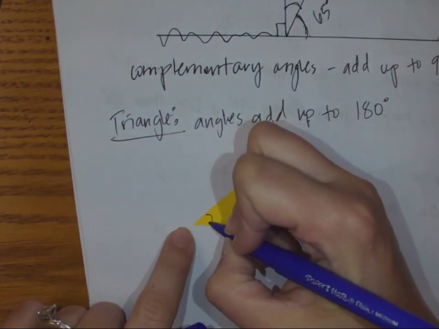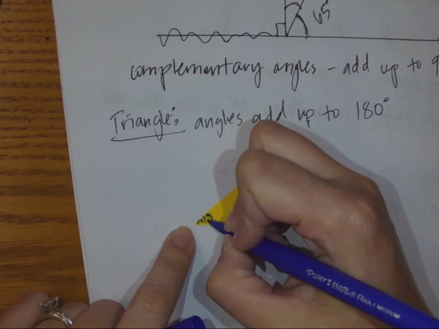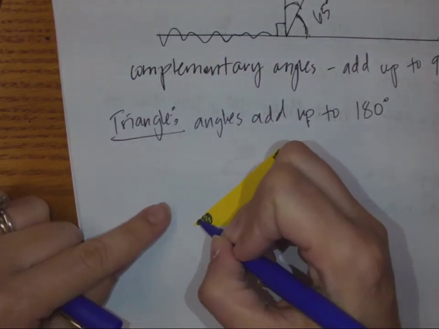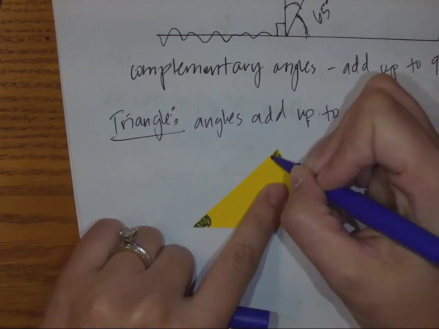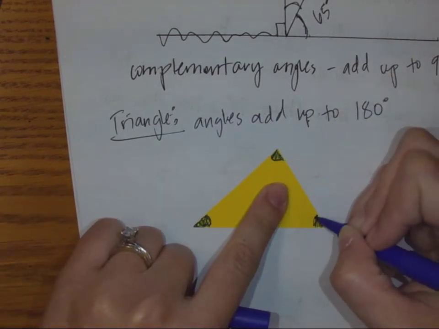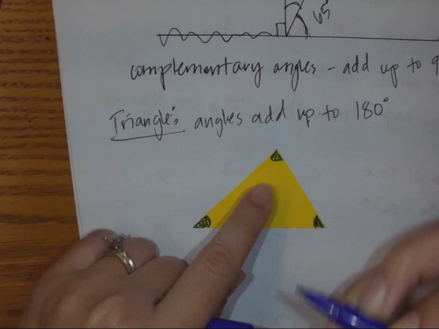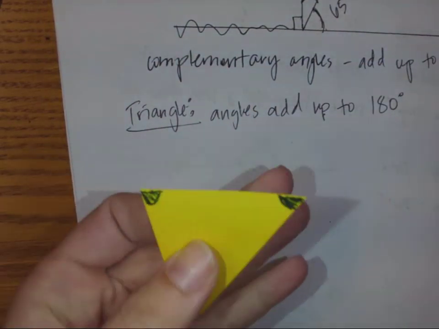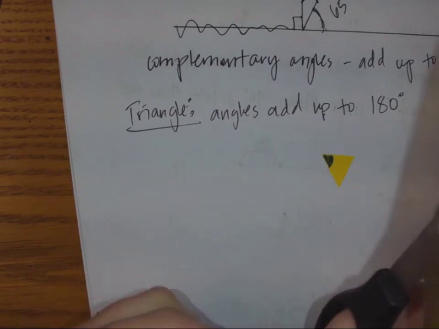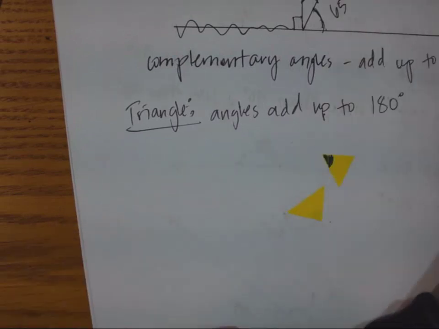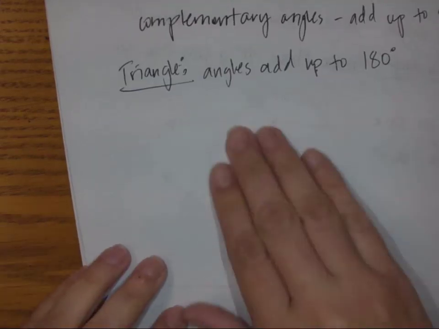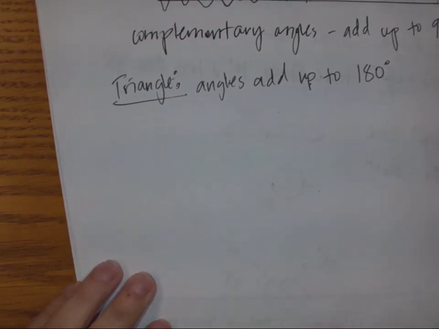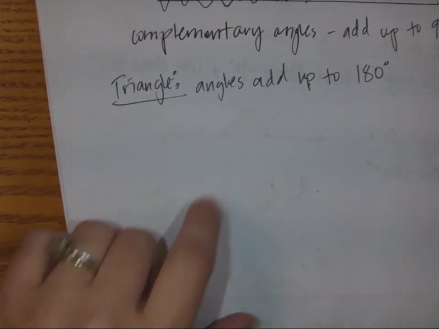Well, those are all three interior angles, so I know 105 plus 35 plus x equals 180 degrees. And then you can do a little math to figure that out. So 105 plus 35 is 140 degrees. And then when I subtract 140 degrees, I get x equals 40 degrees. So that angle is 40 degrees.